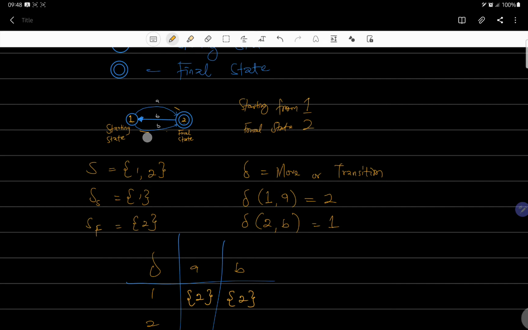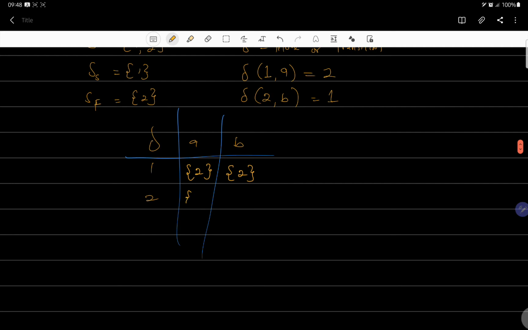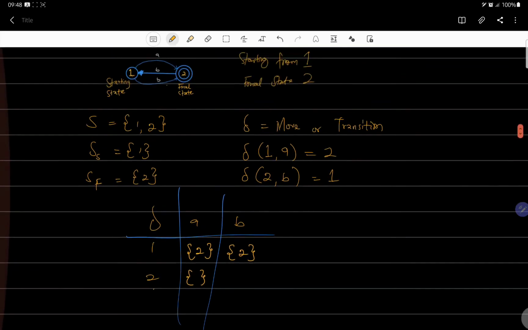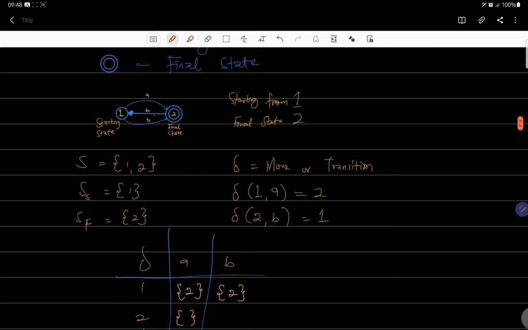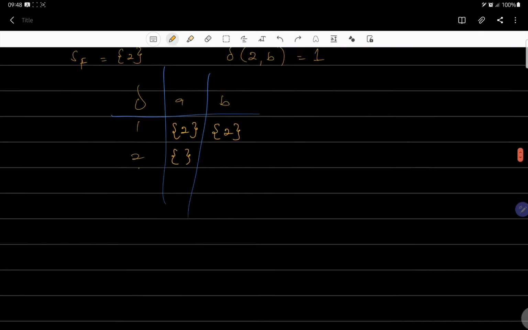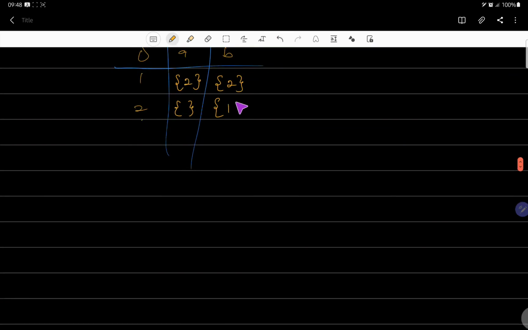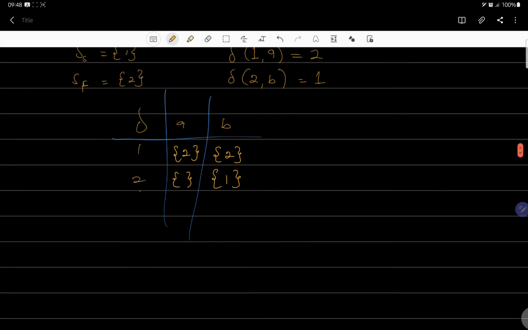And how do we represent nowhere? By writing an empty set. Now if you are coming from 2 and you want to pass through B, it leads us to 1, so you just write 1. That's our movement table.